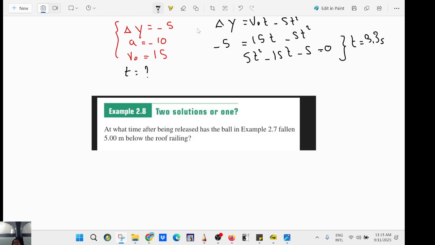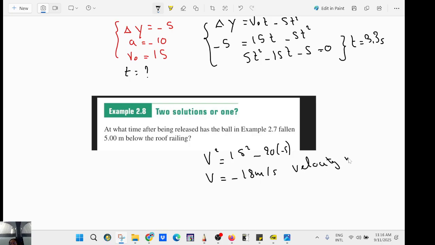Now, if you don't want to use the quadratic equation, let me show you the trick. You can do it in 2 steps. You can use the equation final velocity squared equals initial velocity squared minus 20 times -5. Okay, and you find the final velocity equals -18 because you are below, so velocity has to be negative.